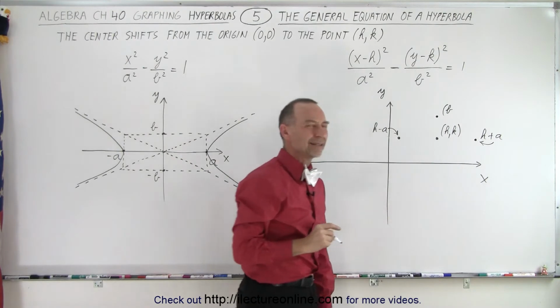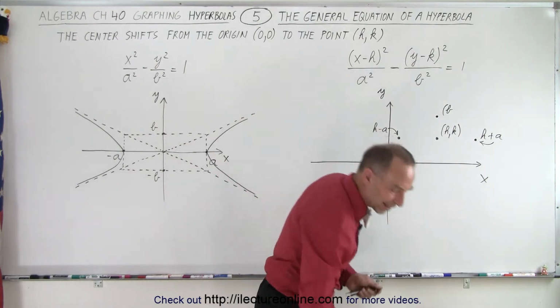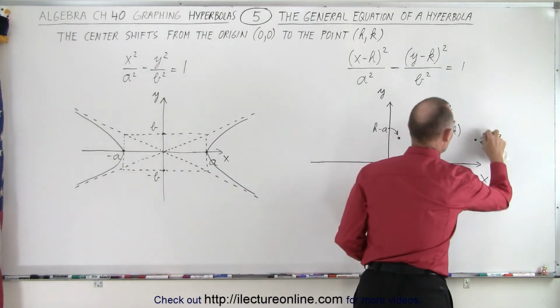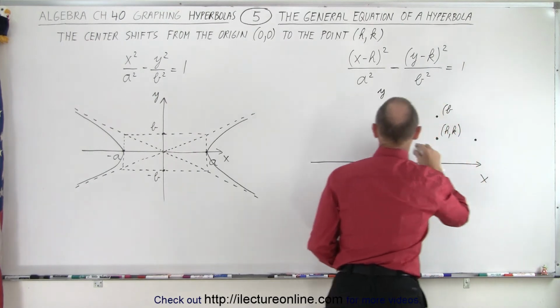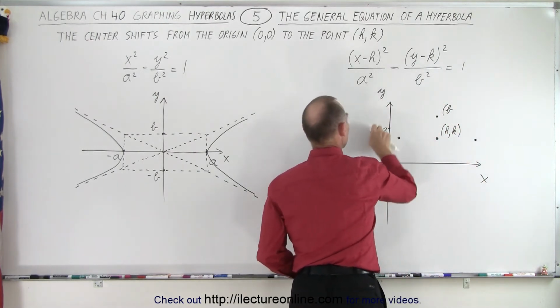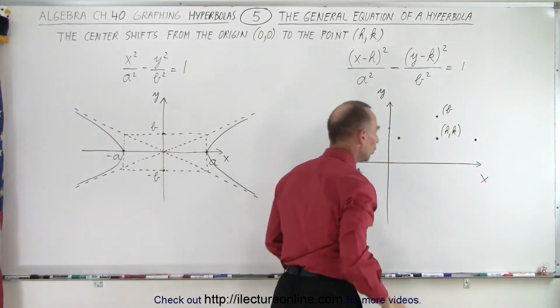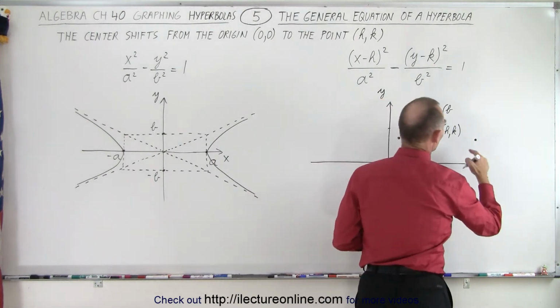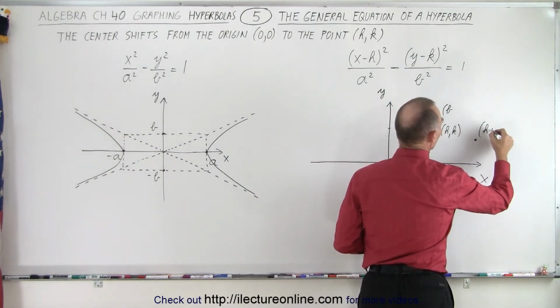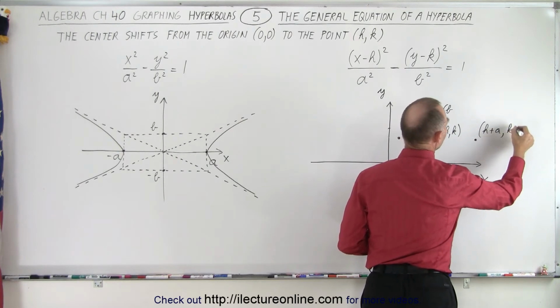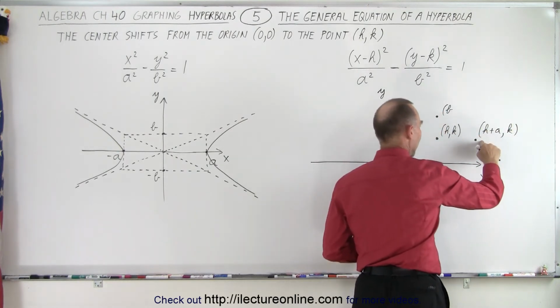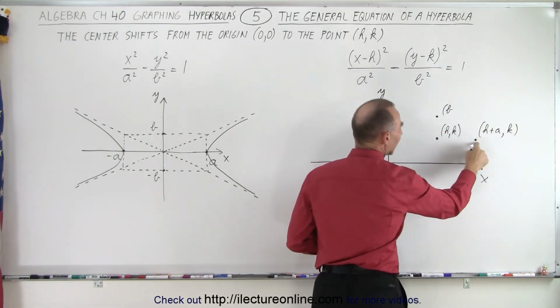Let me label them slightly differently because that way it's going to be less confusing. So let me try that again. Let me just go ahead and put the coordinates of the points down. So this is going to be h plus a comma k. So in the vertical direction, it's still k, but in the horizontal direction, we add a to that.